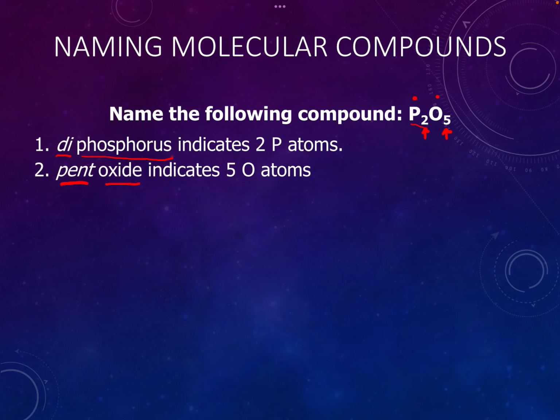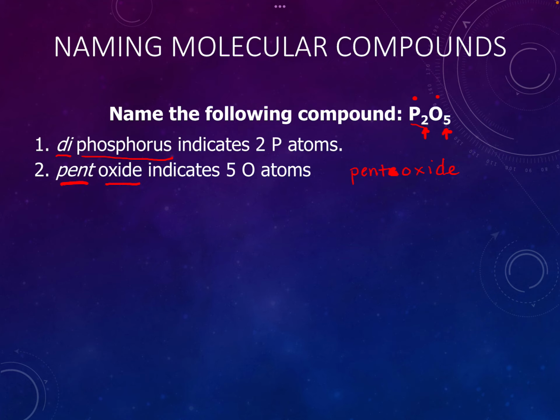A lot of people will actually write pentaoxide, and that's actually not quite right. Whenever we use oxide, we actually drop the end of the prefix. So this becomes pentoxide, which I know is a little bit confusing. But if you leave the A in there for this class, I won't mark you wrong, but do try and take it out if you can.